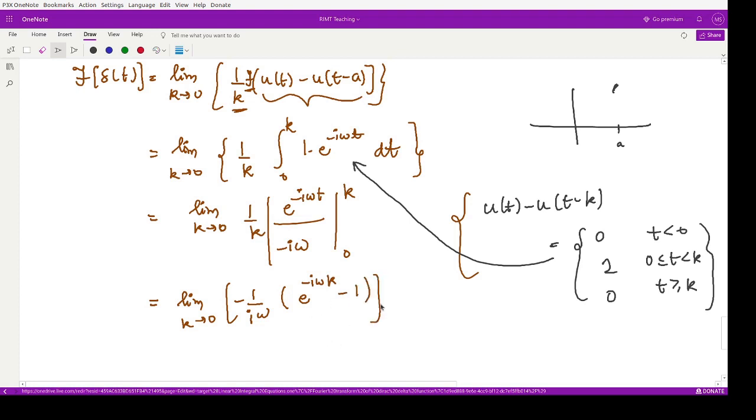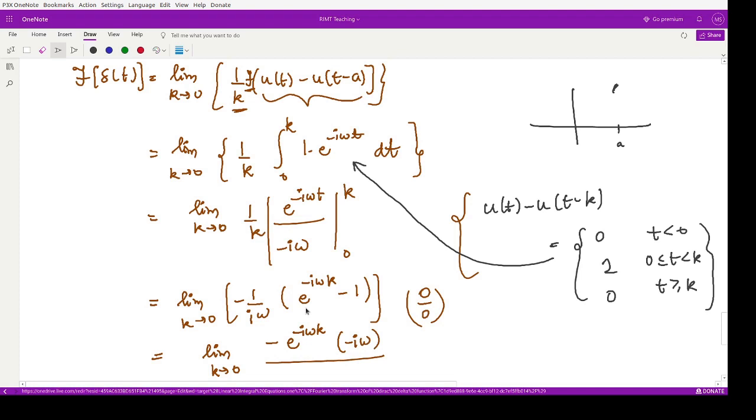Now when you substitute the limit, that is whenever k goes to 0, the term becomes 0 by 0. So here we will apply L'Hopital's rule, which says that in order to calculate this limit, you have to differentiate the numerator separately and the denominator separately. So we would have minus e to the power minus iota omega k into iota omega.